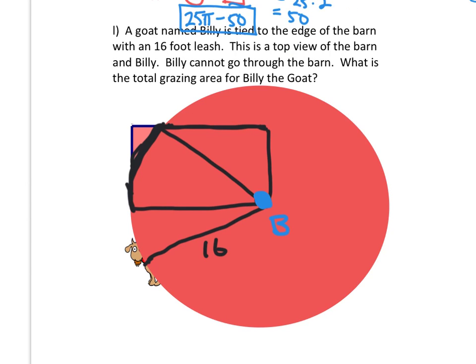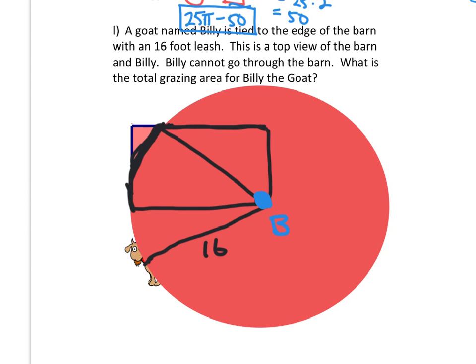So here, Billy is tethered at point B, and the space which he is able to move is this. Since the leash has a length of 16, that 16 is the radius of a circle.